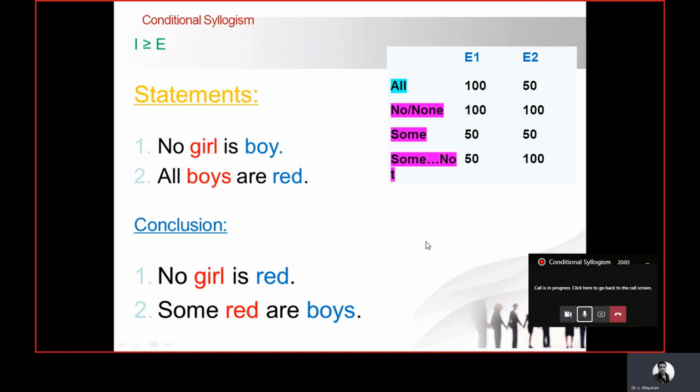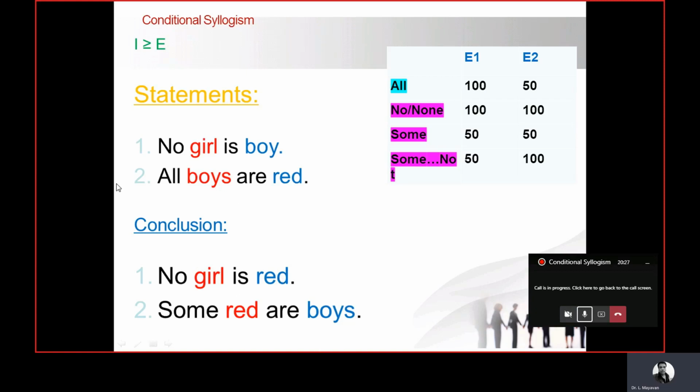Look at this. What is the value for no? 100, 100. So girl 100, red 100. Now look at the word girl in the statement. No girl, no 100, equal. Girl is 100. Okay.